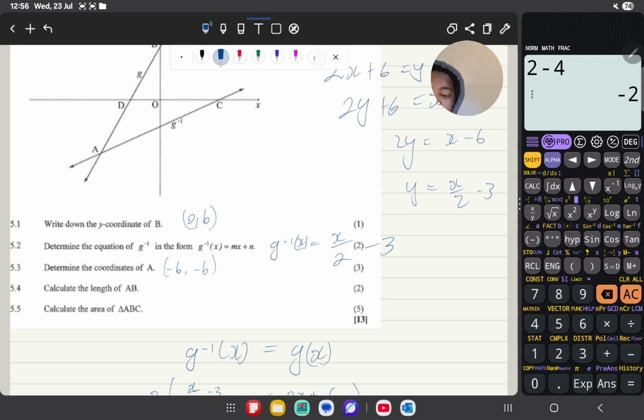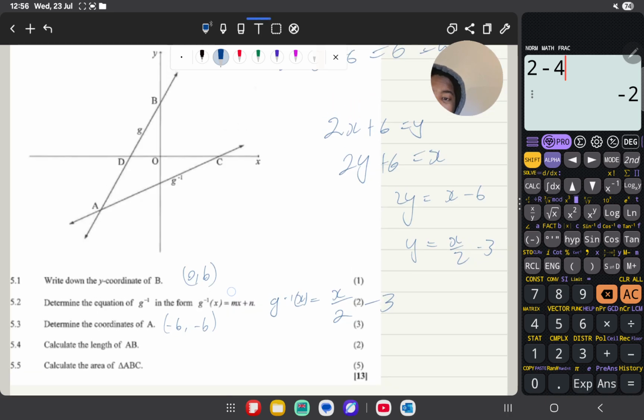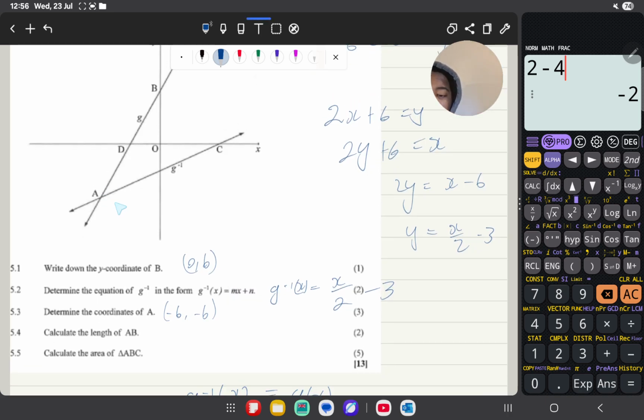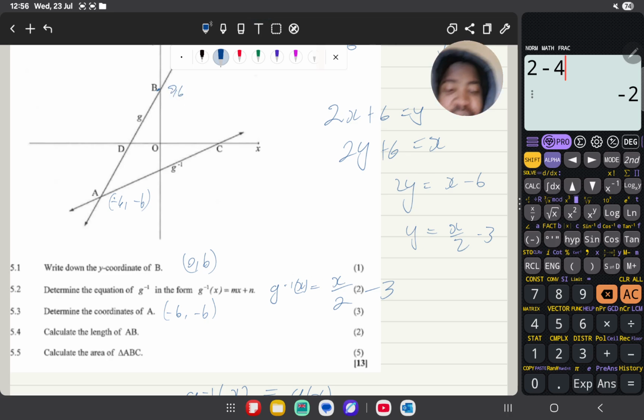And then determining the length of AB. Where is AB? So here is AB. A is minus 6, minus 6, and B we did find is 0 and 6. For these last ones, let's not do them because they do not fall under functions.